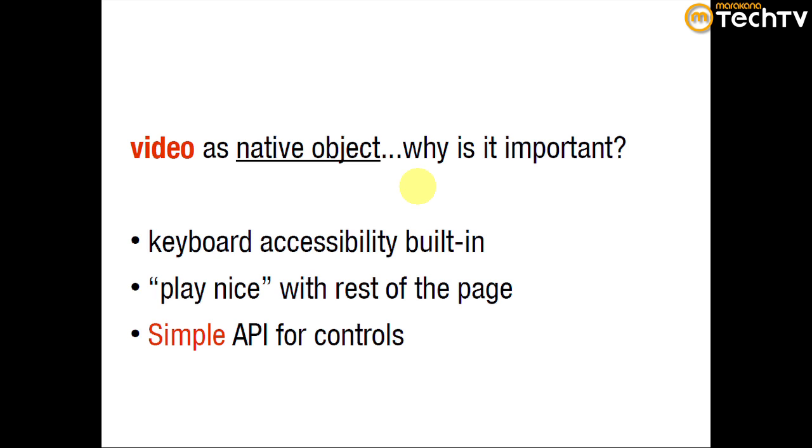Basically, when you hand off to the plugin, it takes over, but in HTML5 video and audio, it's all part of the browser. So we get advantages. So for example, keyboard accessibility is built in. It plays nice with the rest of the page, and there's a nice simple API for controls.